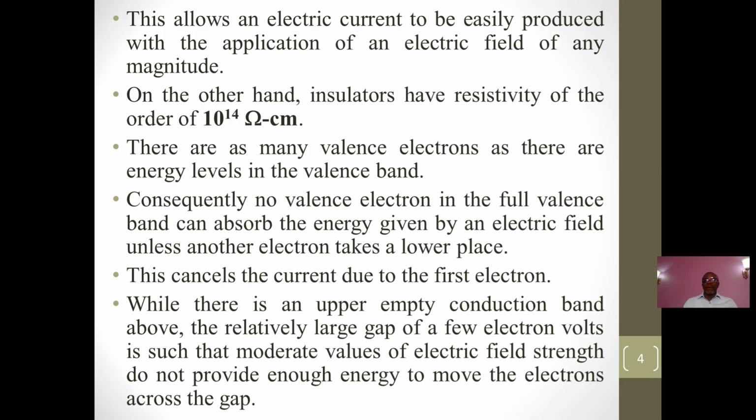While there is an upper empty conduction band, the relatively large gap of a few electron volts is such that moderate values of electric field strength do not provide enough energy to move electrons across the gap.